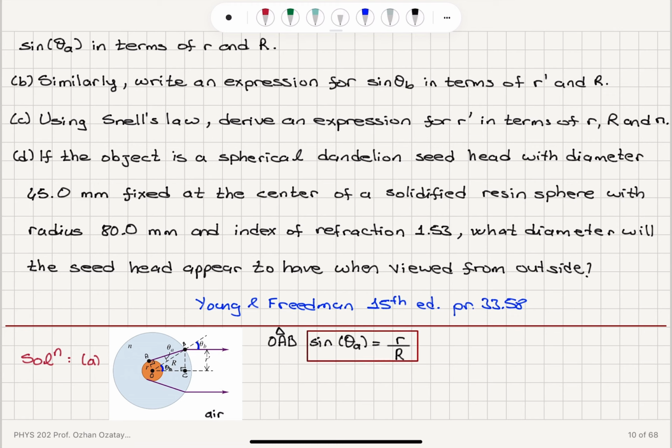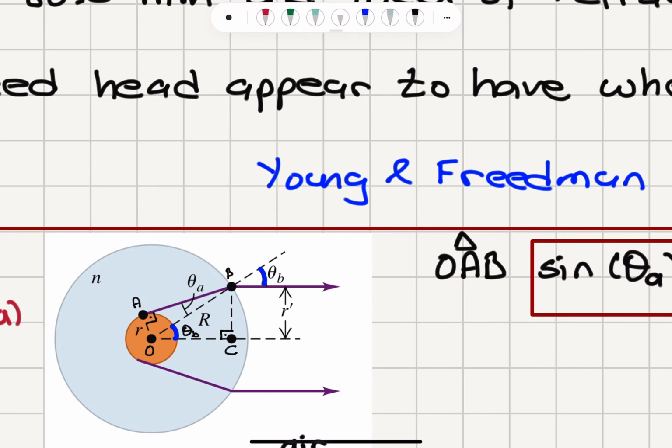Now we were asked to find sine theta A in terms of r and capital R, so this task is achieved for part A. Now going to part B, I want to write sine theta B in terms of r prime and capital R. Now let's concentrate on this right triangle, OBC. You can see that this is the central axis and this is the axis that is parallel to the emerging beam.